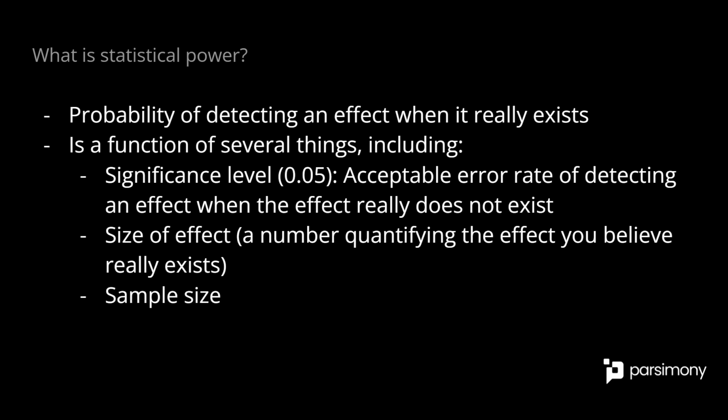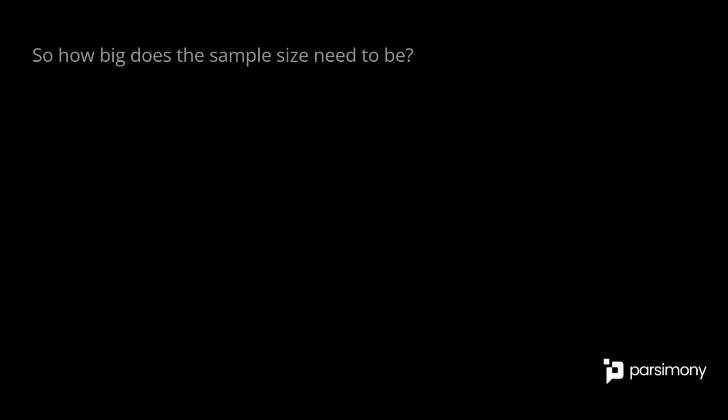Another factor that affects statistical power is sample size. So the more people you have in your study, or the larger your sample size, the more likely you are to detect an effect if one actually exists. The fewer people you have in your study, the less likely you are to detect an effect if one actually exists.